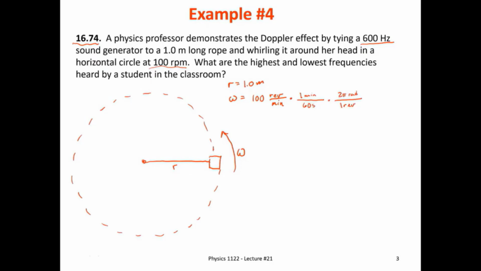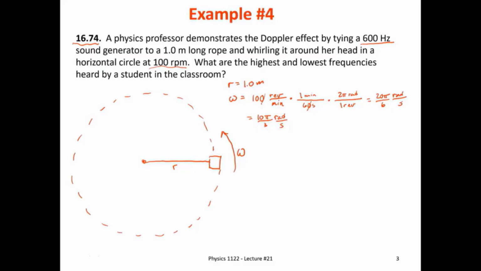So this will give us, simplifying, 10 over 6 times 2 pi, or 20 pi over 6 radians per second, which is 10 pi over 3 radians per second. So that's the angular speed of the revolutions of the sound box.